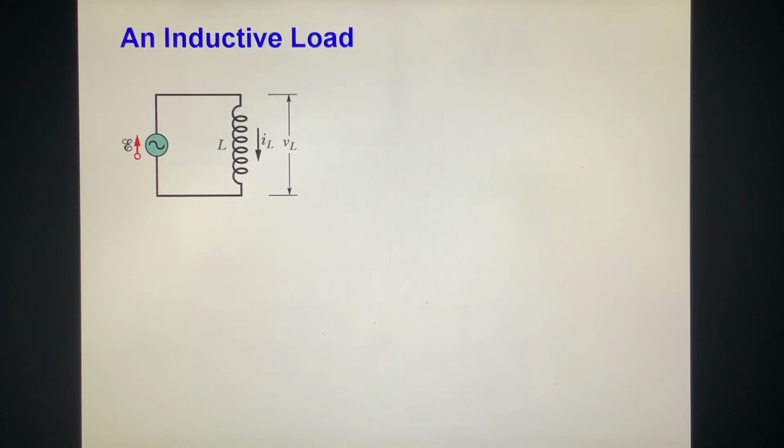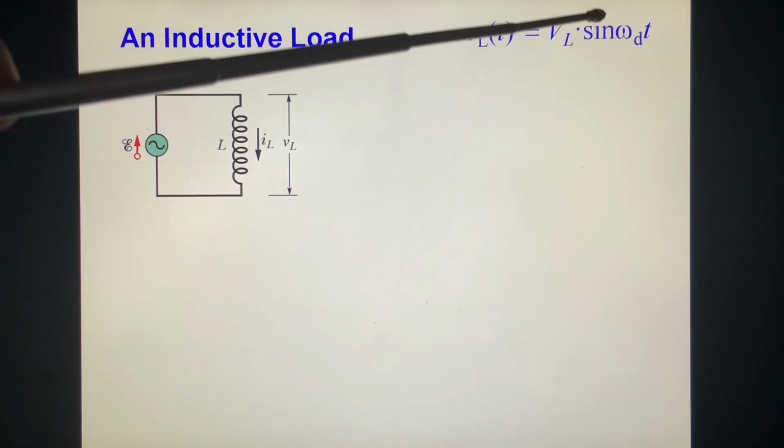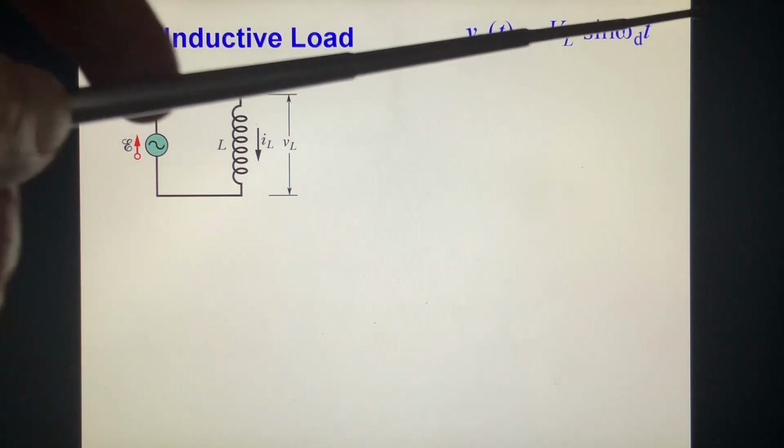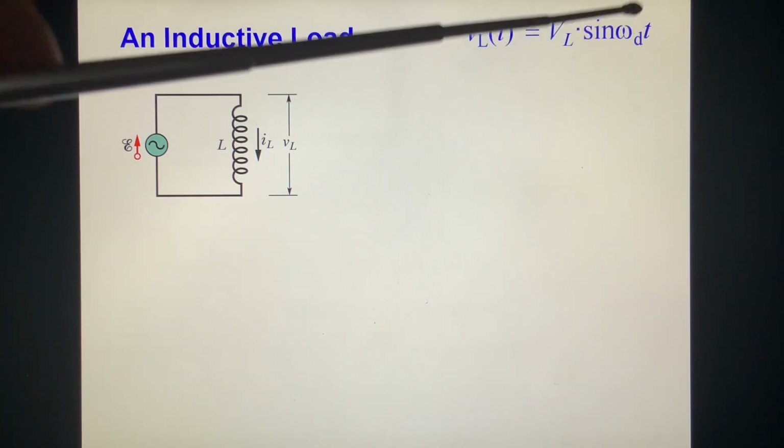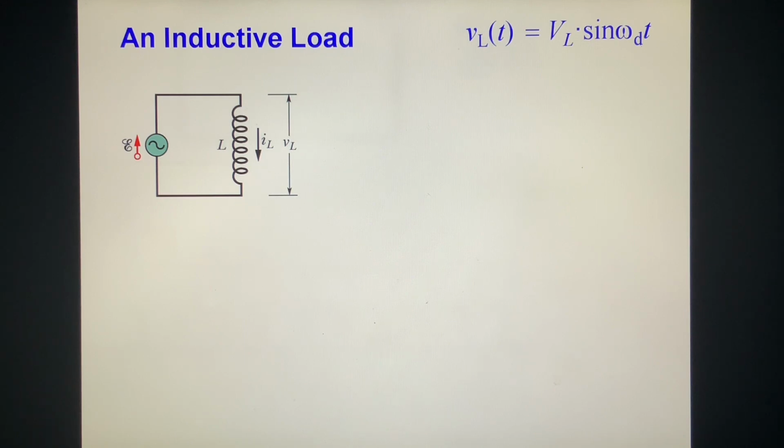Last, an inductive load, only an inductor coil. We know VL equal to VL sine omega t, the standard, the magnitude, angular frequency. Suppose in one second this is positive, this is negative, and you have current going this way.